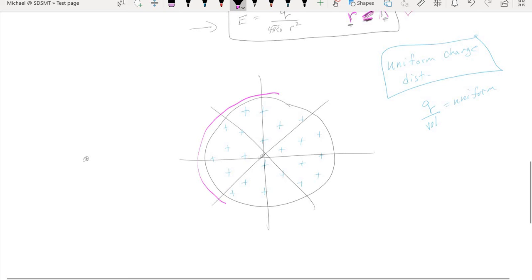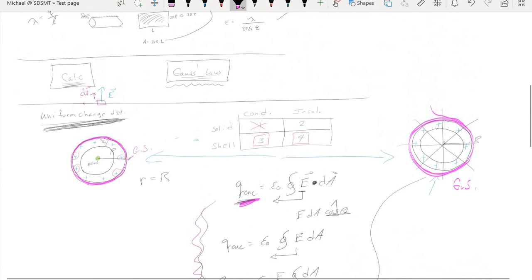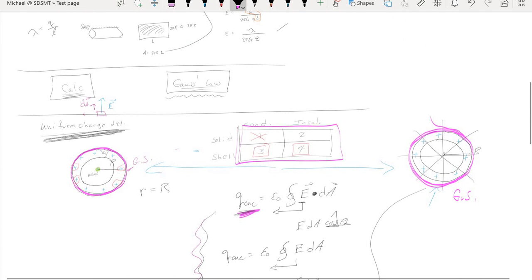If we put a Gaussian surface around this sphere, as long as we're outside the sphere or even sitting at the surface of the sphere, as long as we maintain that uniform charge distribution, it's going to act like a point charge. So in all four of these case scenarios, it looks like it doesn't matter whether it's a solid or a shell or whatever, as long as we have that uniform charge density.